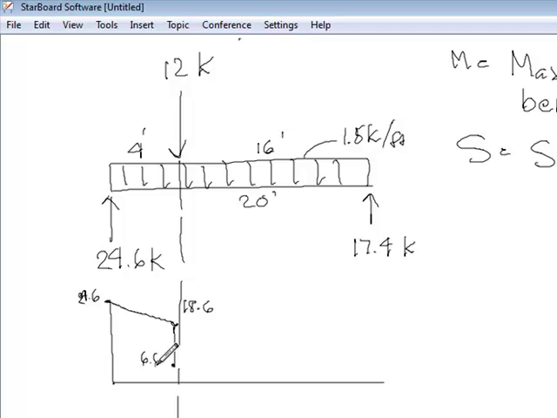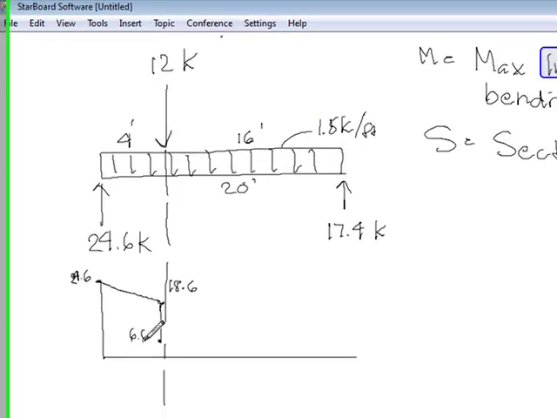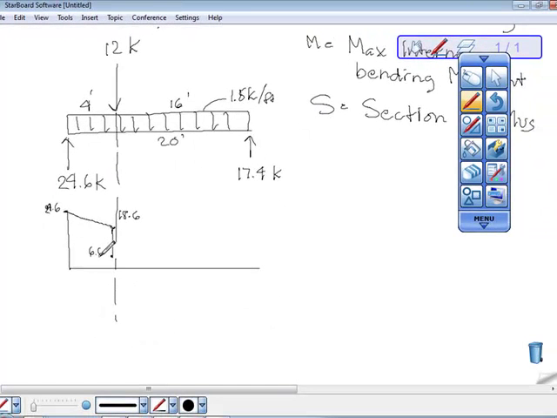Then the rest of it is uniformly distributed, and it's going to be 16 feet long times 1.5 kips per foot. So we're going to go down 24, but what is 6.6 minus 24?